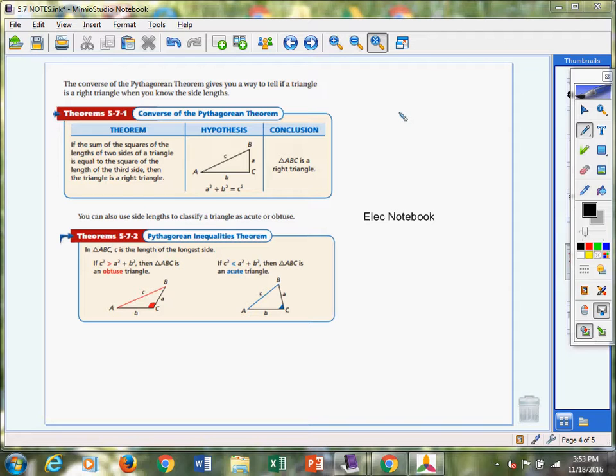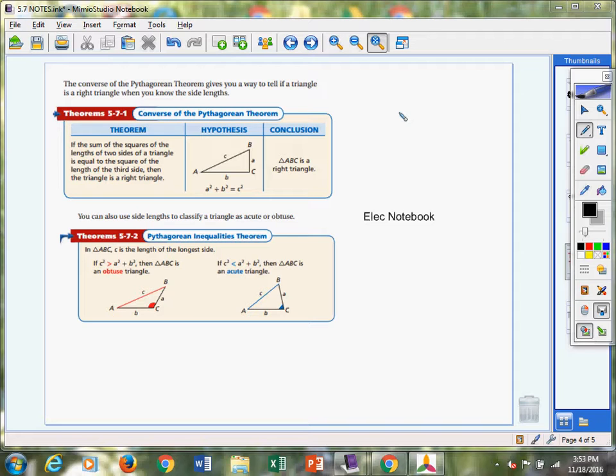Now we're proving it's a right triangle, and we do that by finding the three side lengths. We don't know any angle measures. We find the three side lengths, plug them into the Pythagorean theorem, and if it works out, then we know it must be a right triangle. Okay, so that's the converse of the Pythagorean theorem.